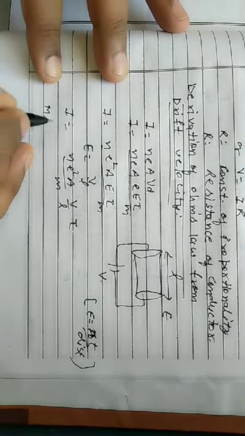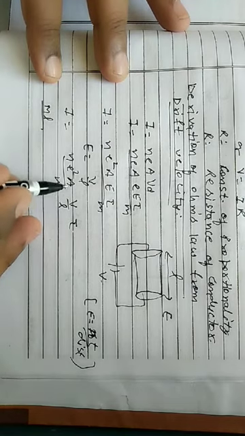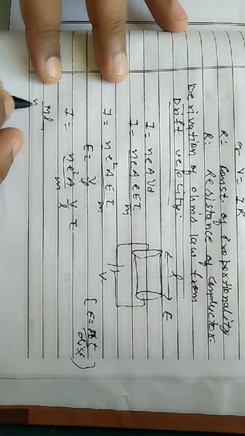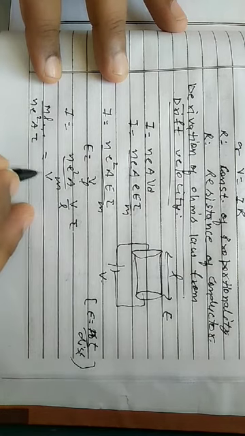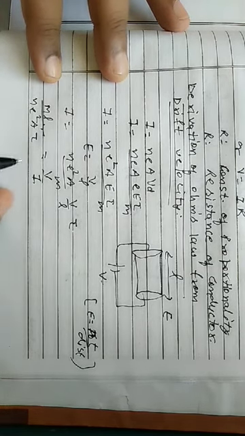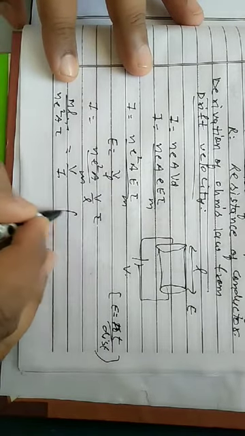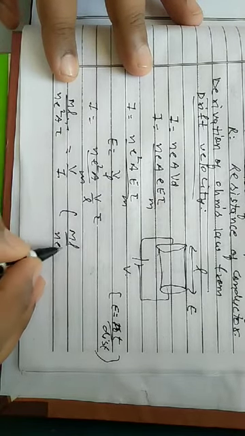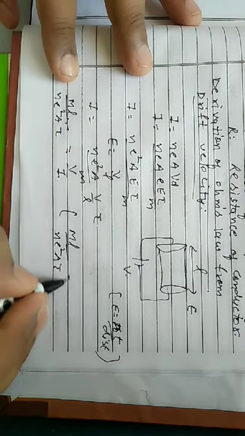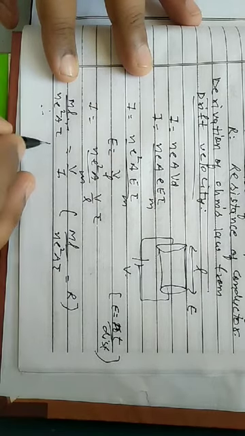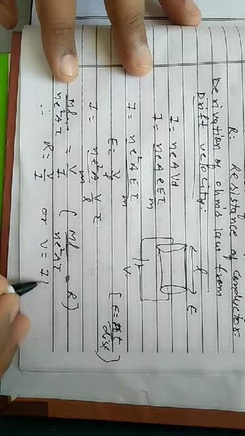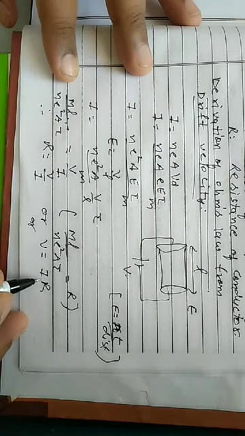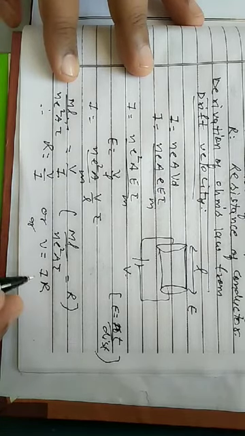Now we can shift mL to the numerator, and the remaining terms n e square A into time is equal to, this is V upon I. Let us suppose mL upon n e square A relaxation time is equal to capital R. Therefore, R is equal to V upon I, or we can say V is equal to IR, and R is constant.